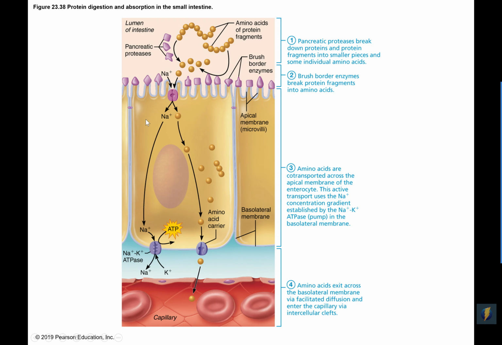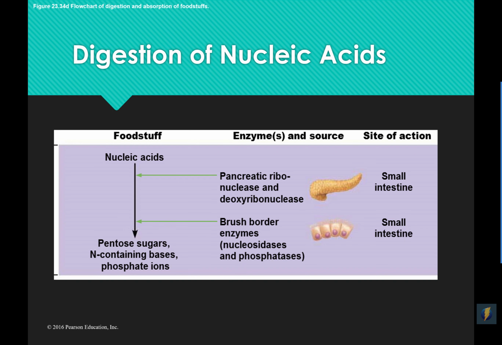That creates a low concentration of sodium inside the cell, then in the lumen. So the sodium diffuses down its concentration gradient, and the amino acids come with it. And we use another carrier protein for those amino acids to get out of the intestinal cell and ultimately into the capillary.